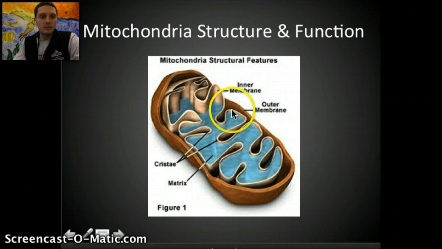And so this inner membrane space between the inner membrane and the outer membrane is where those hydrogen ions are concentrating.